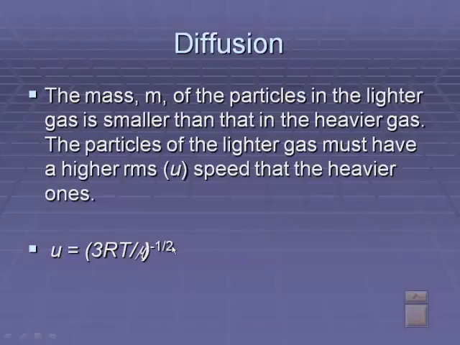That's why I have this to the negative half power. All of this stuff is in a square root bracket. 3RT over, do you remember what that special M means? Guys, that's molar mass, okay? That's that cursive-looking M. Molar mass.